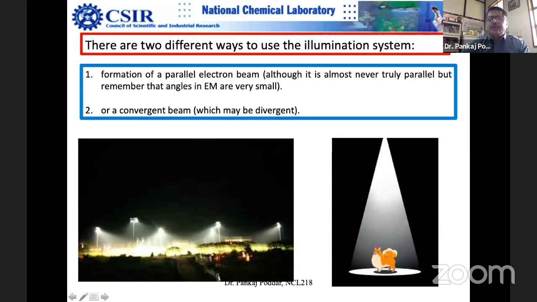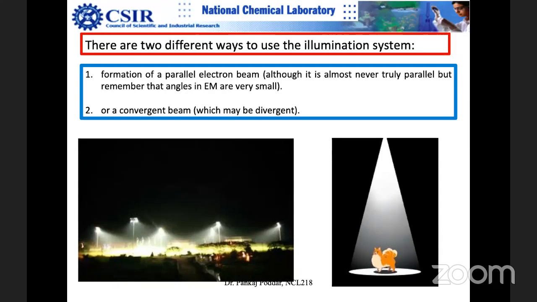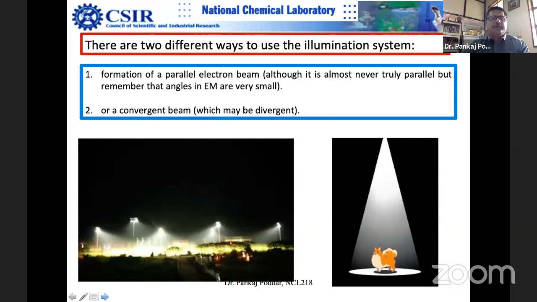The second case is that you select a small area, like a spotlight. This is not the case in electron microscopy, where basically this cone is inverted. Just for analogy, I tried to find this image. You select the smaller area; this is basically a convergent beam, the right inverse of this.